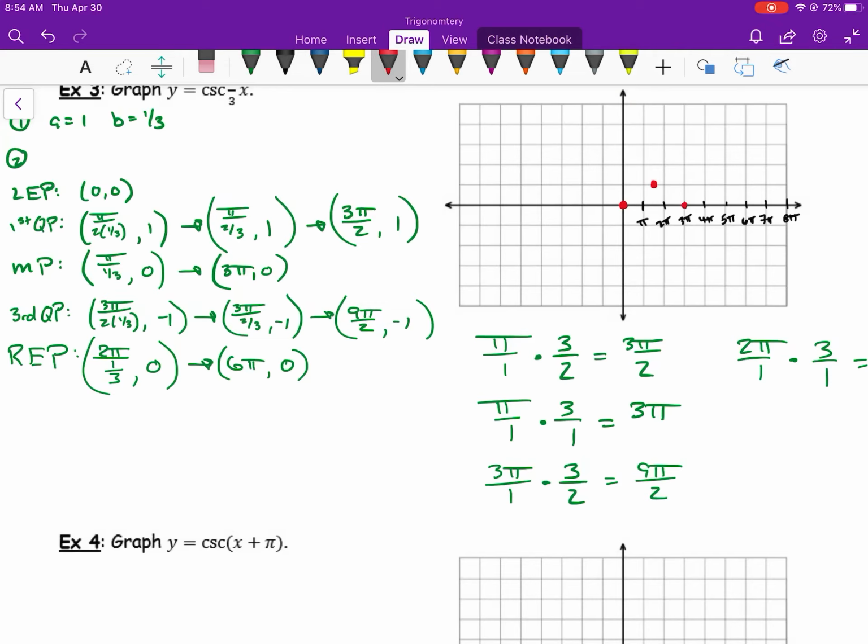Then it looks like we're at 9 pi over 2, so that's 4 pi and a half. If you can see the pattern, you see where the next one's going to be. We're jumping every 1.5. So the next one will be up there. Come to the left.